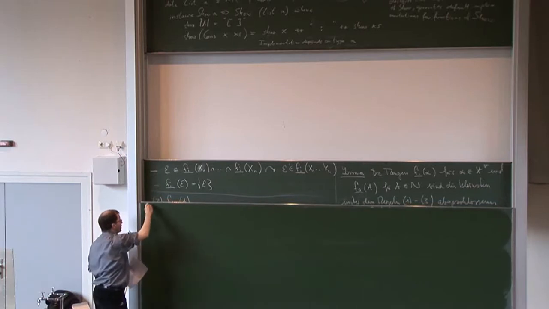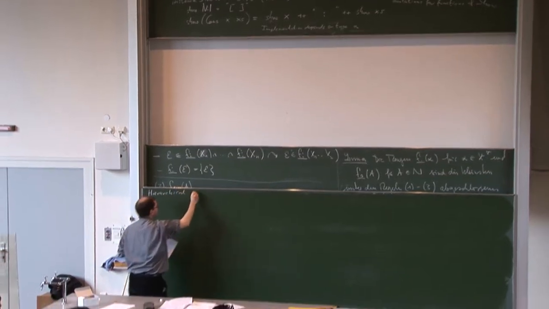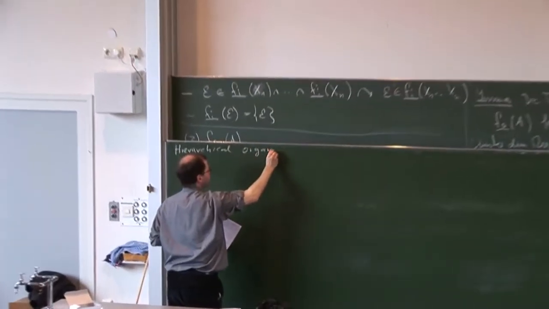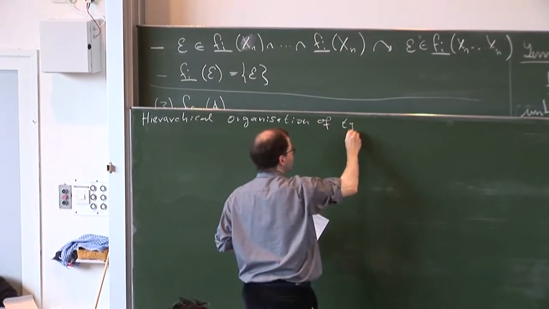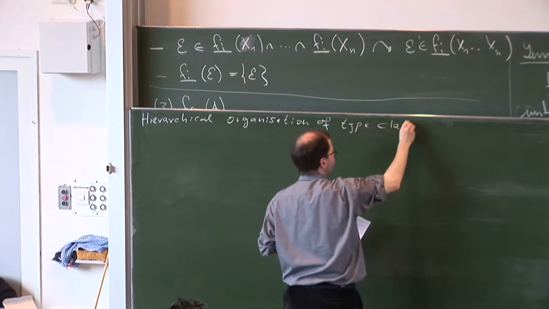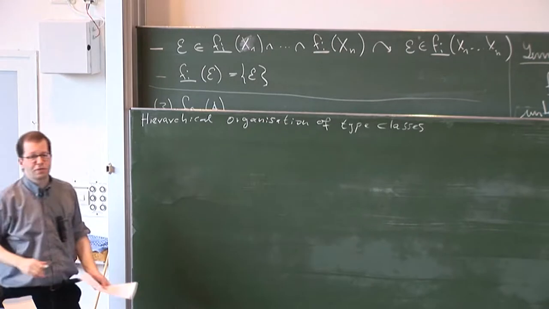Having these contexts in class declarations can be used in order to have a kind of hierarchical organization of type classes. So these type classes do not have to be completely unrelated, but they can be related. You can say, well, a certain class is a subclass of another class.